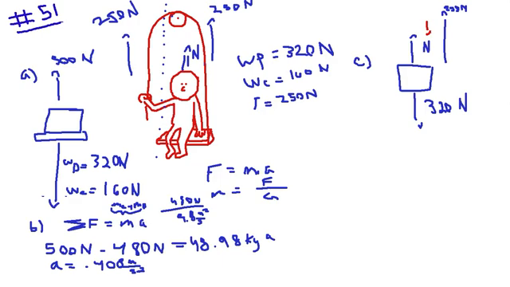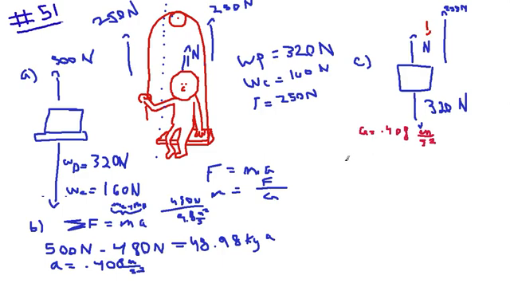We know that the acceleration of the whole system is 0.408 meters per second squared, because any object in the system has the same acceleration. So now we just plug that in.